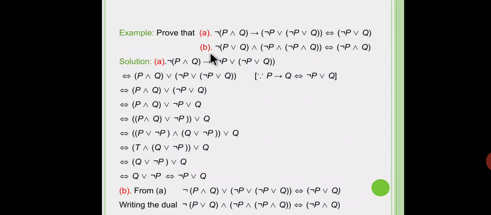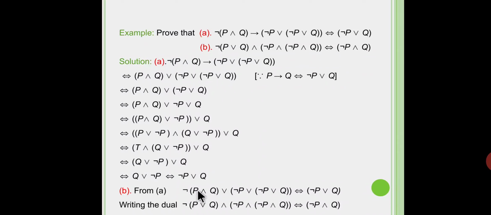Now we have to prove the second statement from the first statement. So what is A? Negation of (P and Q) or (negation P or (negation P or Q)), which is equivalent to negation P or Q. We write the dual of this equation.